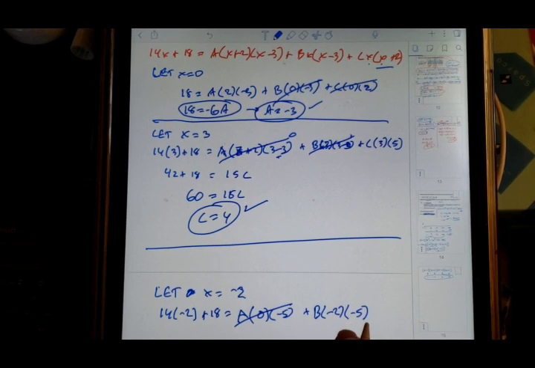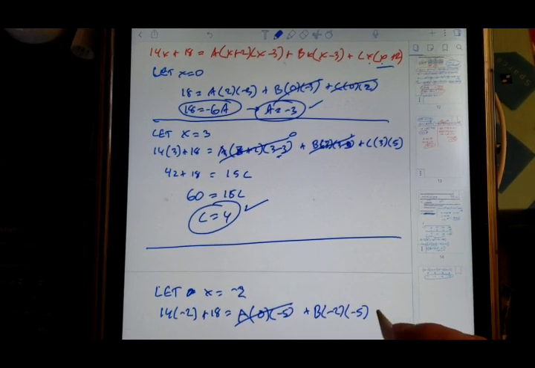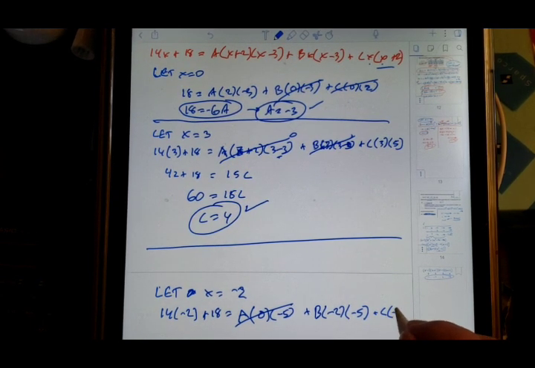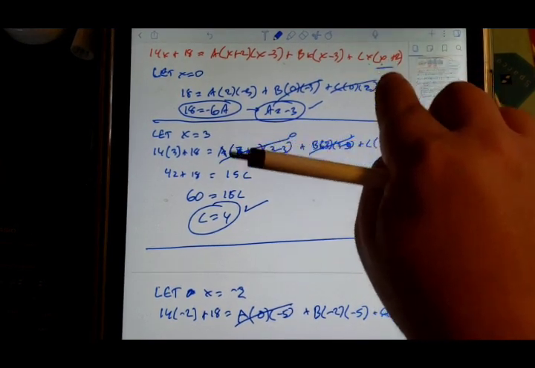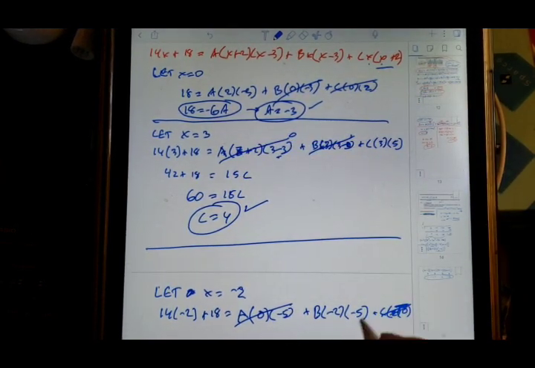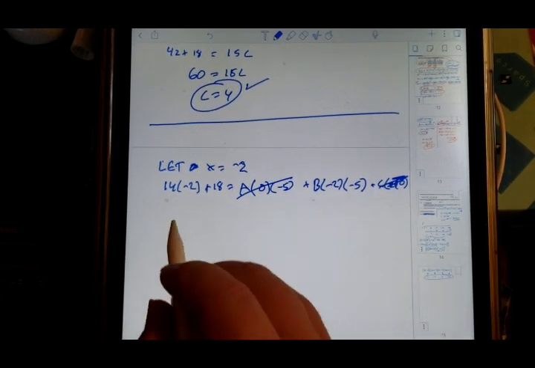So notice that didn't drop out. But c is going to be c times, well, negative 2 times 0. Right? So plugging in negative 2 is going to make two of the terms drop out completely. And what is it going to give me?